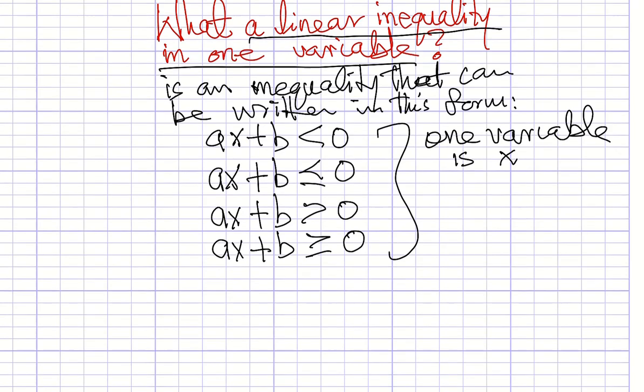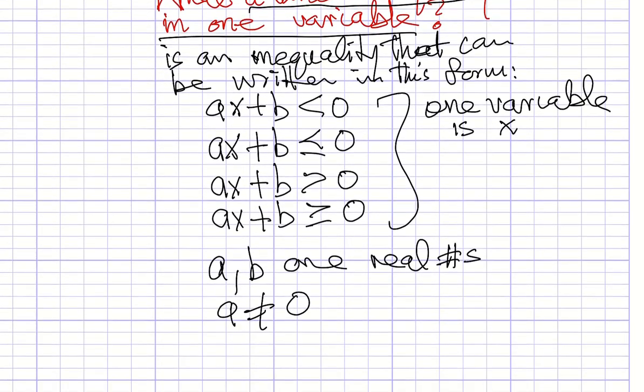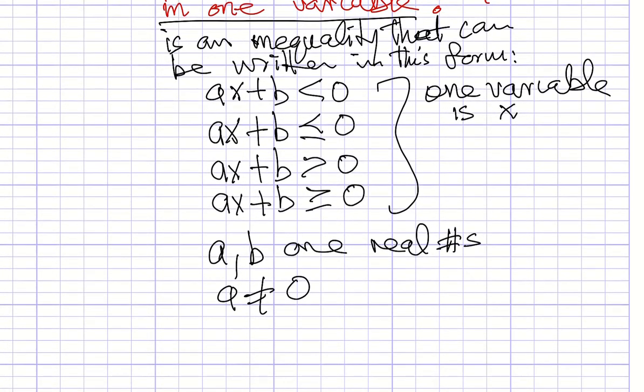Notice that a and b are real numbers, and a cannot be equal to 0, because if a is equal to 0, then it eliminates the x.